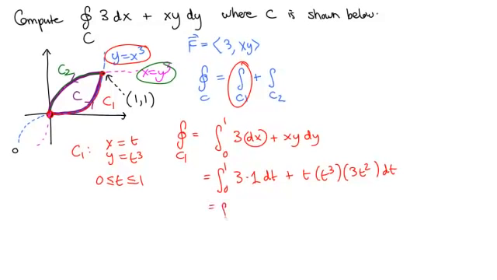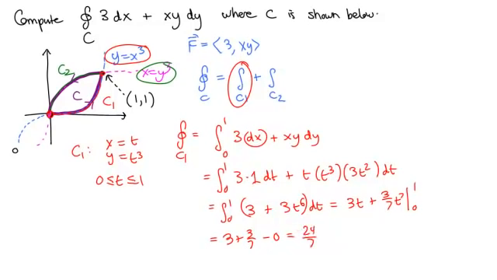And so this will be, if I clean this up a little bit, 3 plus 3 times t to the 6th dt, evaluated from 0 to 1. So if we integrate that, we're going to get 3t plus 3/7 t to the 7th, evaluated from 0 to 1. That means we're going to have 3 plus 3/7 minus 0, or 24/7. And so that will be the contribution from the first integral.